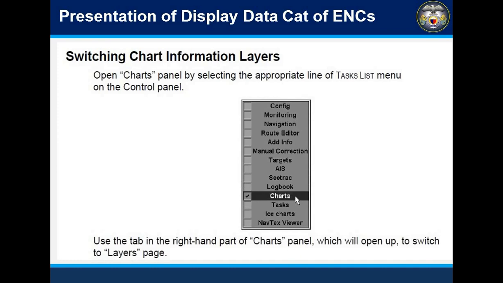You open the chart panel by selecting it on the line of the task list menu on the control panel. So usually nasa right side yan on the control panel, and you can select that. Sa iba nasa ilalim yung mga tabs niya on the lower bar.